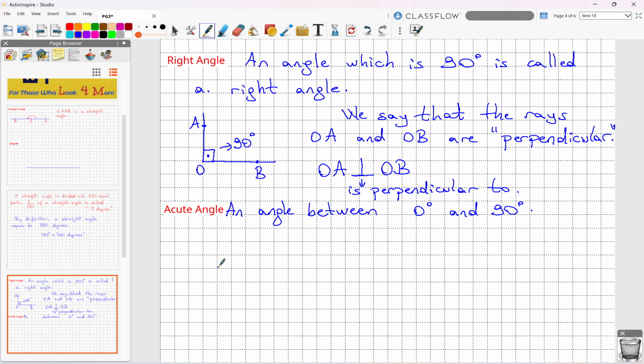You see, this was 90 degrees. So this angle is now less than 90 degrees. So this angle AOB is an acute angle here. Its measure is between 0 degrees and 90 degrees.